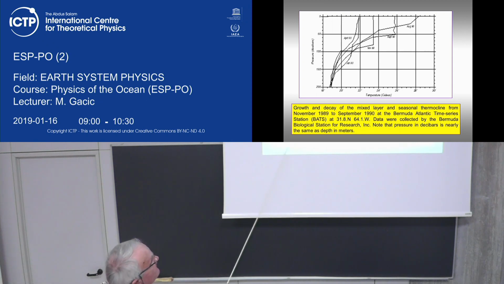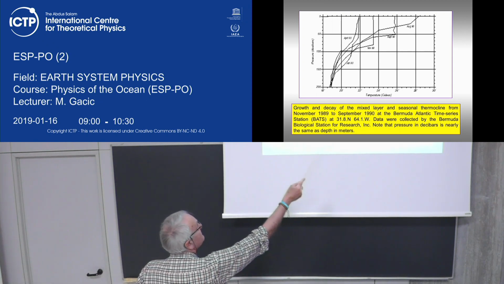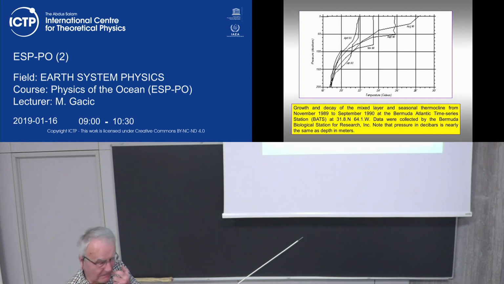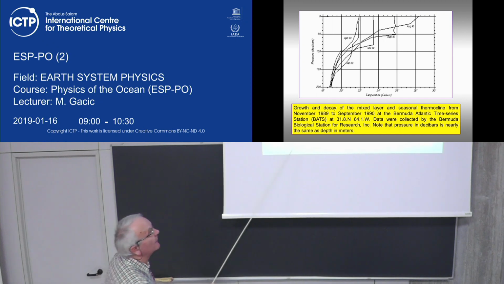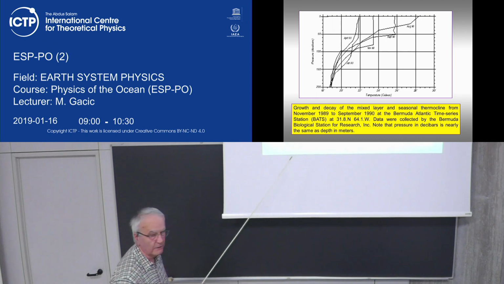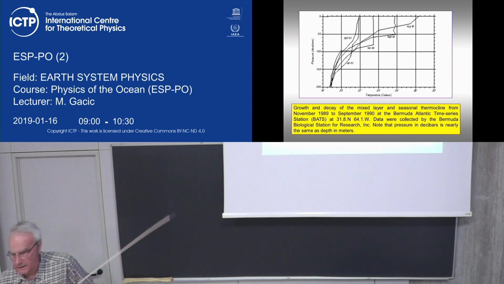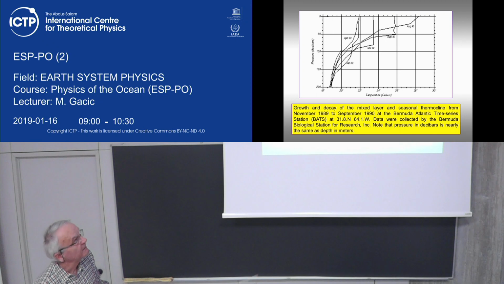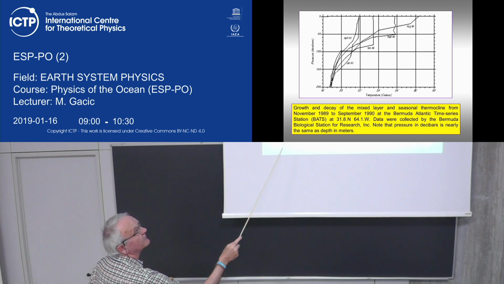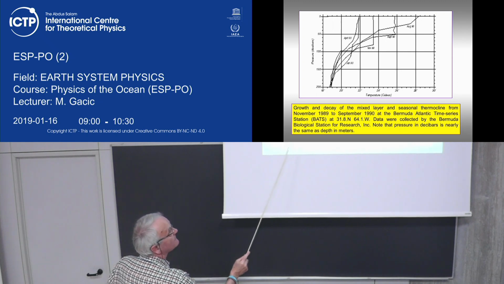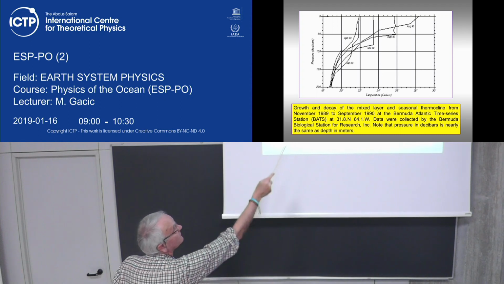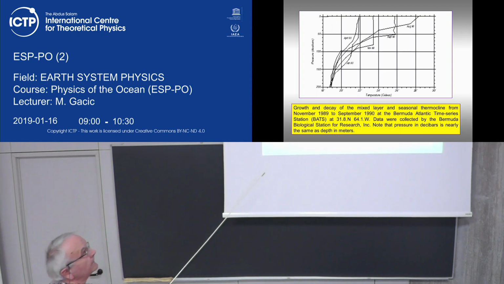If you look at the seasonal evolution of the vertical distribution of temperature, in April, which is northern hemisphere late winter, the vertical distribution is such that there are very small differences between the surface and deep layers, 0 and 200 meter depth.